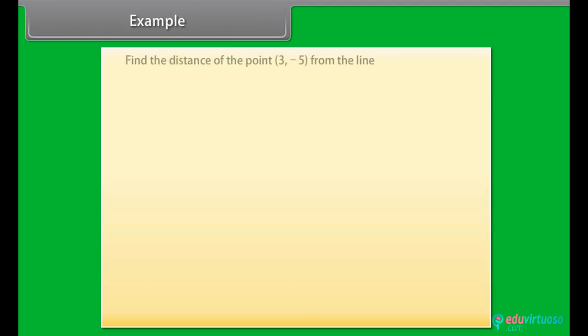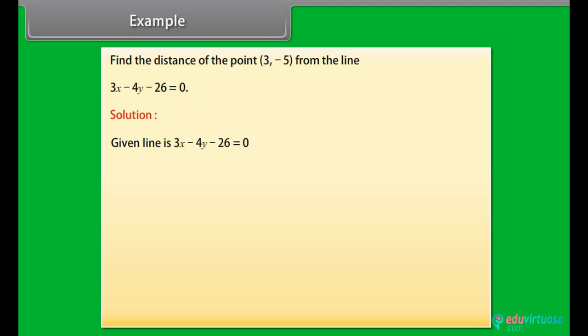Example. Find the distance of the point (3, -5) from the line 3x - 4y - 26 = 0. Solution. Given line is 3x - 4y - 26 = 0. Mark it 1.